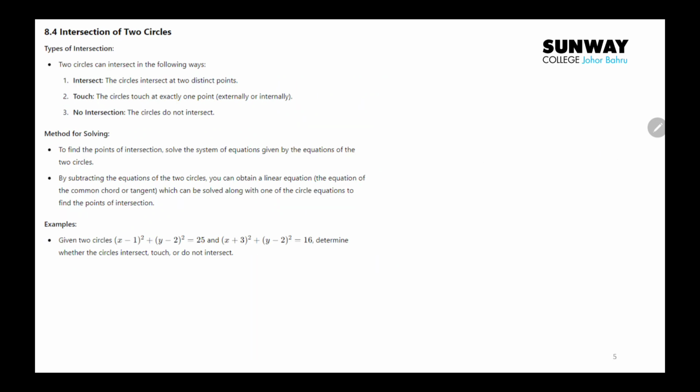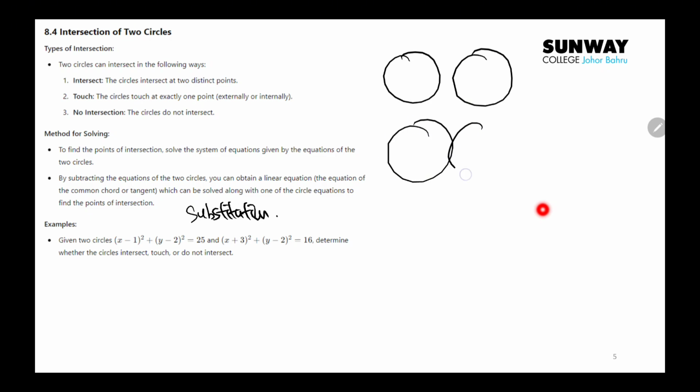If you would like to figure out the intersection of two circles, the only way is by substitutions, which is a little bit lengthy. But first of all, you have to understand how two circles may interact with each other.